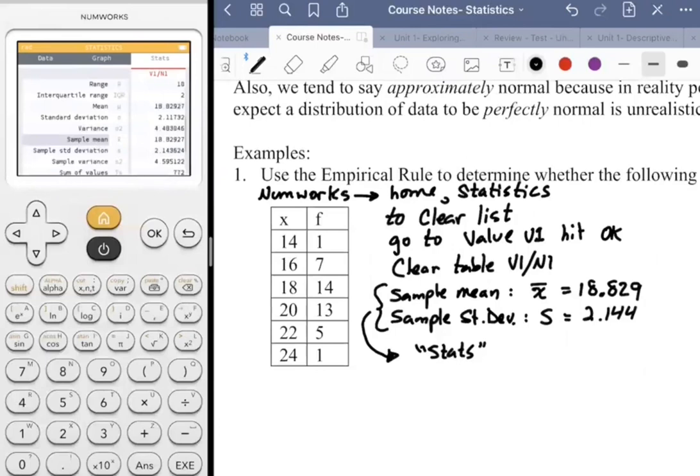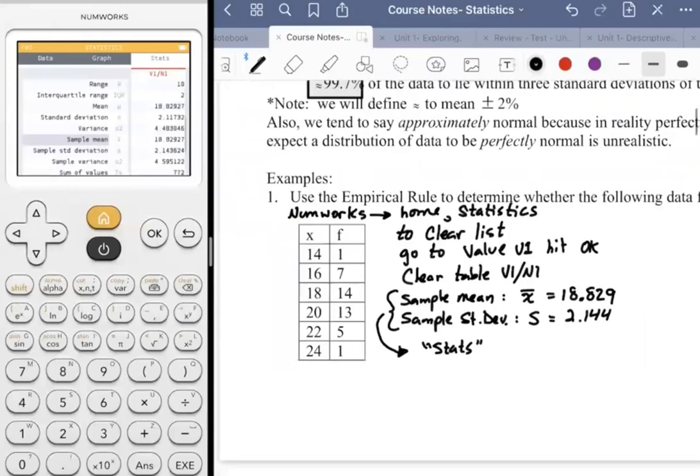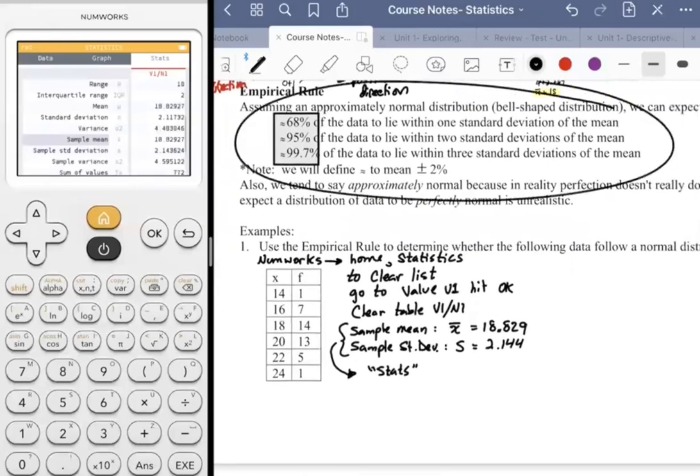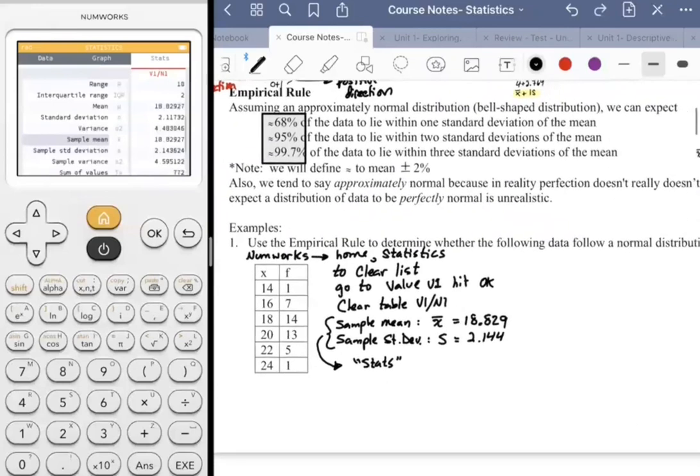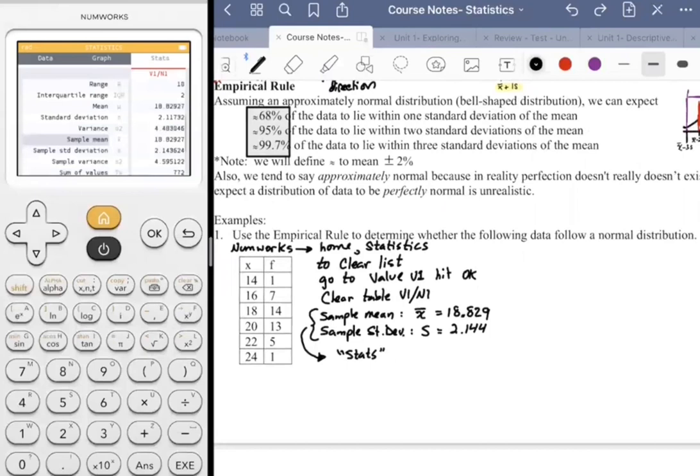Now, I'll show you in a couple of minutes how to do it on Desmos, but for now, I'm just going to say that's all we need really any kind of special type of calculator for. Everything else is just rote number crunching. All right, so I'm going to compute based off of this rule here, X bar plus or minus 1 standard deviation.